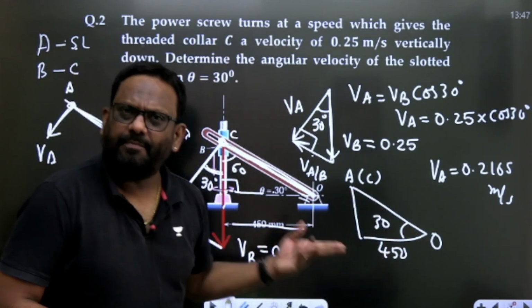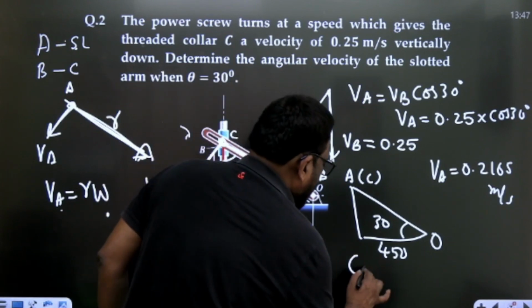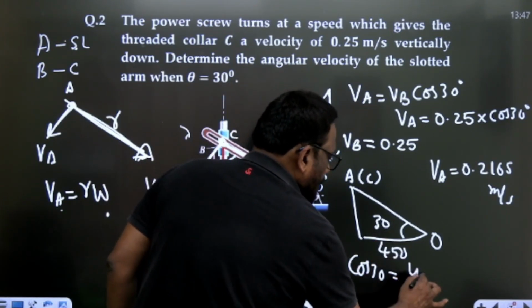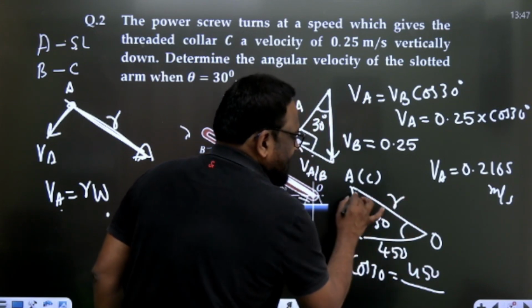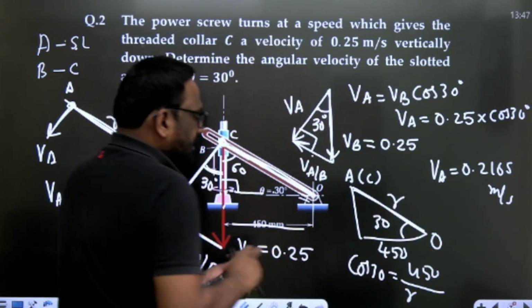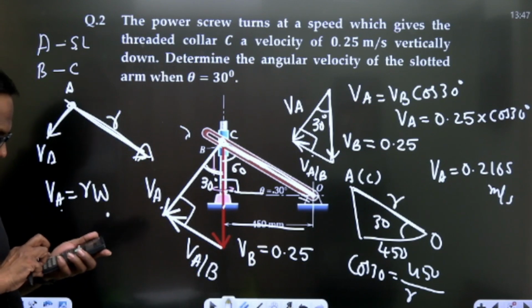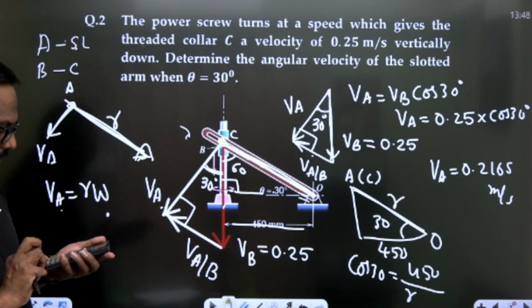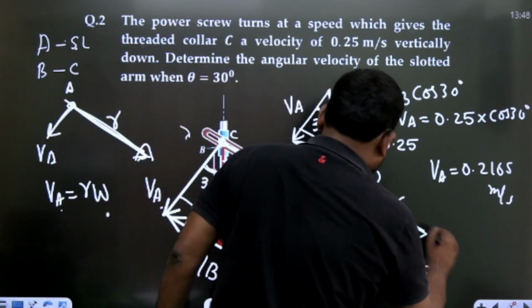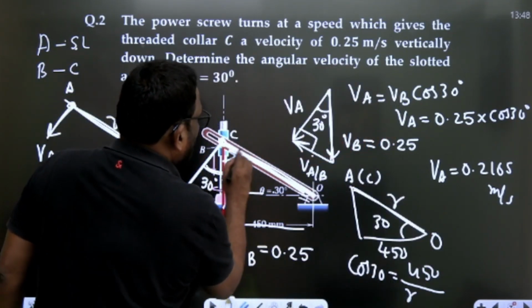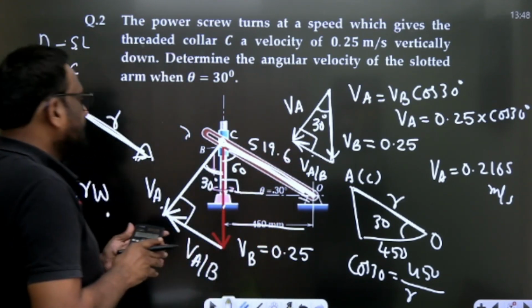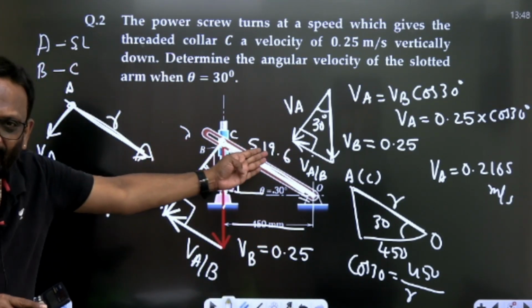Absolutely. Cos theta is 450 by R, so R is 450 divided by cos 30, so this value will be 519.6, in mm.